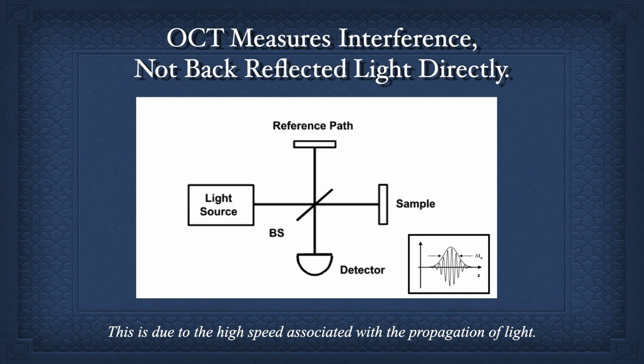I think in retrospect I should have switched these two slides. Essentially all OCT systems use this type of interferometer, a Michelson interferometer. In time domain, the reference arm changes its length, and in the spectral, it stays constant.